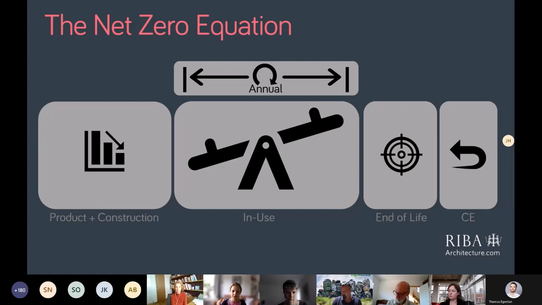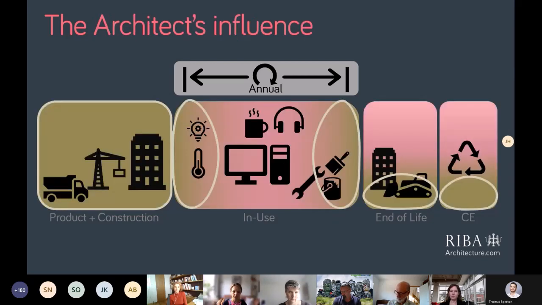The operational energy is the thing that we need to, as Louisa said, balance out on an annual basis. And then if we have a crystal ball into the future, we have a figure of what happens to the disposal at the end of life, but then also the opportunities in module D of reusing, which could then plug in to a new equation for a new project.